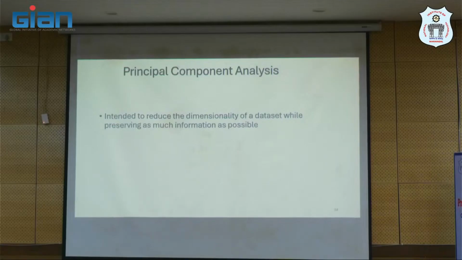Instead of working with all the features of the feature vector, principal component analysis helps you to work only with the main uncorrelated features within the feature set. Okay, what do I mean by that? In a feature vector we can have RMS, root mean square.